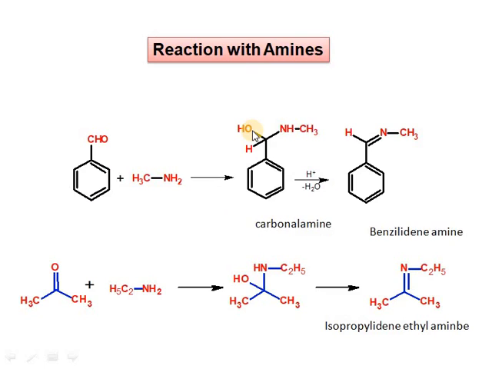Next reactions, now we are going to discuss the reactions with amines. Aliphatic and aromatic amines react with aldehydes and ketones to give an intermediate compound called the carbinolamine, right?